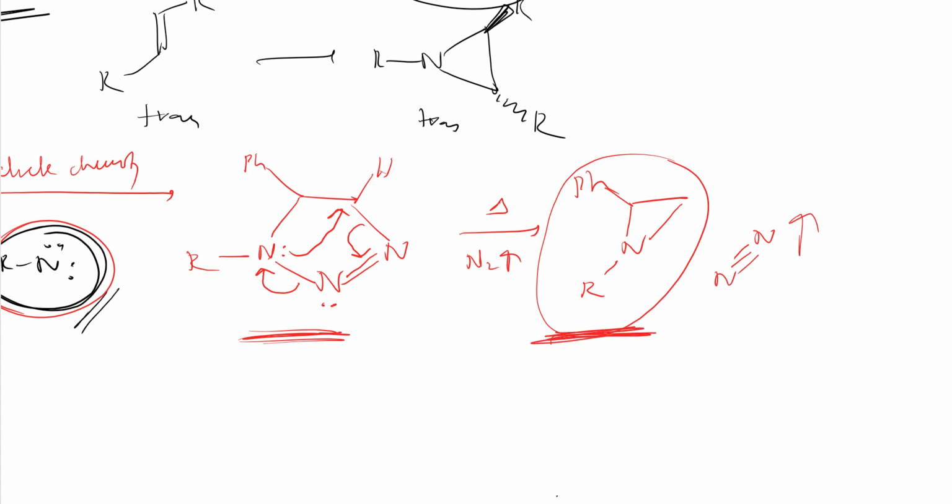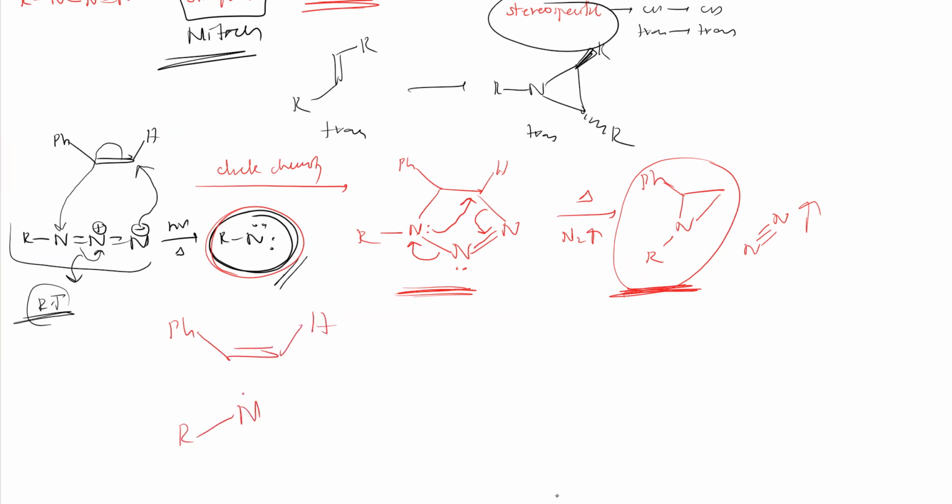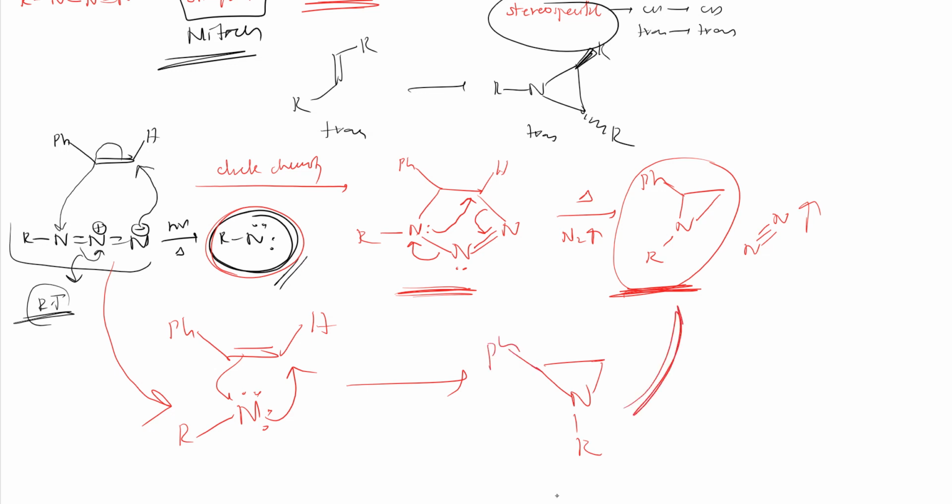I'll get this thing. So first click chemistry, followed by when I heat, nitrogen gas is eliminated, I will get this one. Or with the same compound, this one only, PhCH double bond O is there. For this, if I insert nitrogen directly, which I generated from this, right? So here also I'll get this product directly. See here. Are both the same? Yeah, both are the same, right?